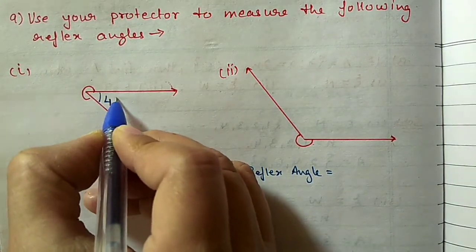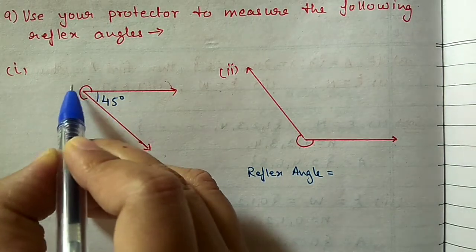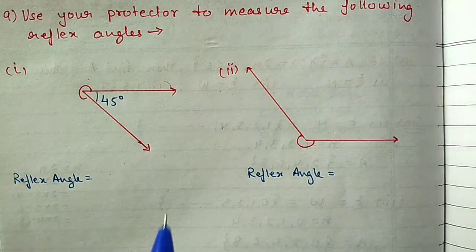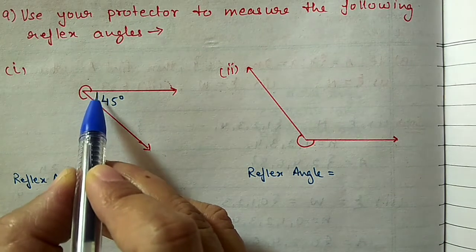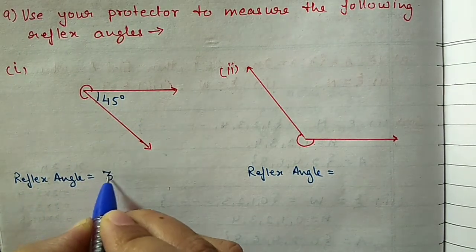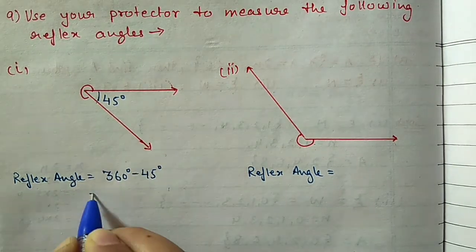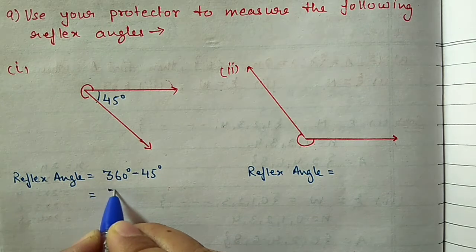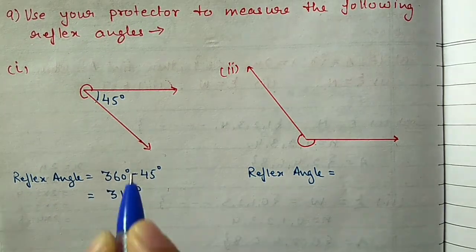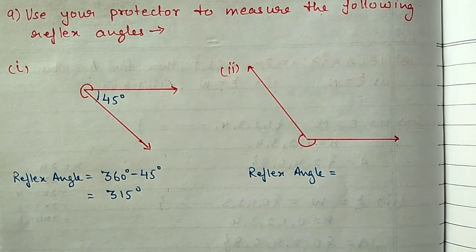We know the complete angle, this whole circle, is 360 degree, and only this 45 we don't want, the remaining angle we want. So from 360 degree we will subtract this 45 degree, and after subtraction we will get 315 degree. It means this reflex angle is equal to 315 degree.